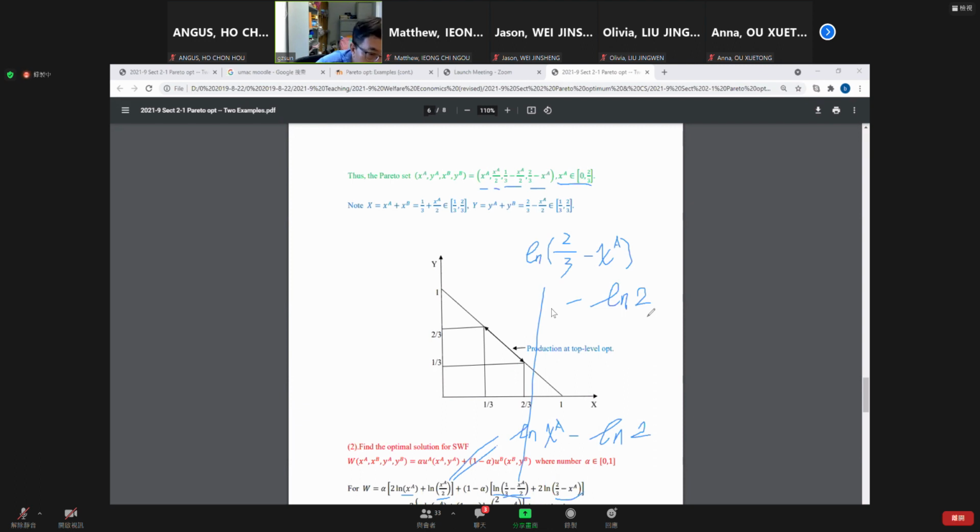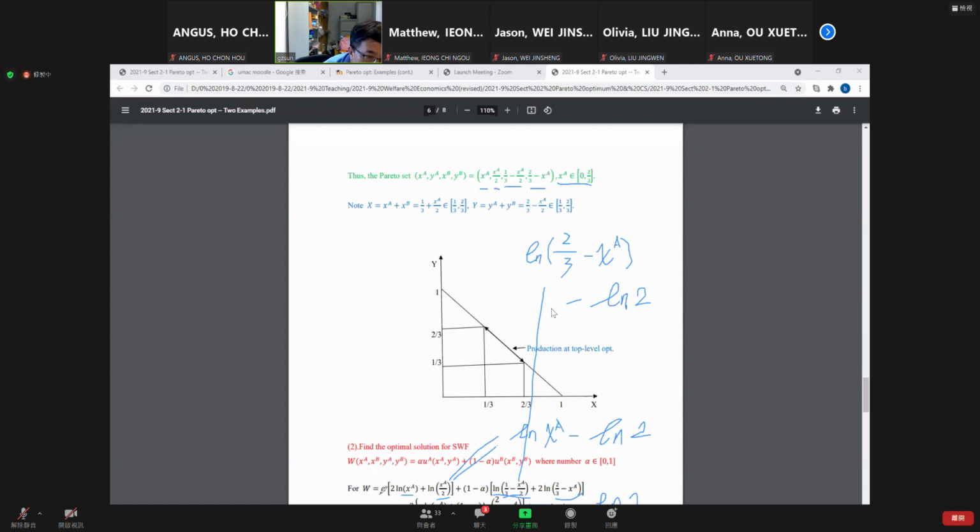So now we have this one, actually, it should be equal to, if we, alpha equal to log 2.